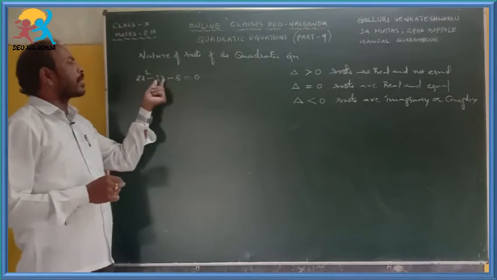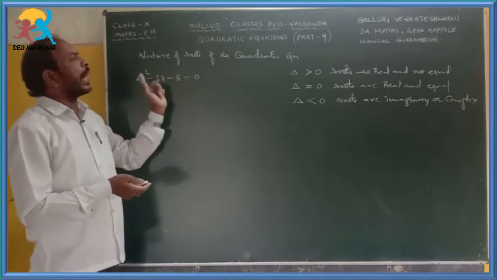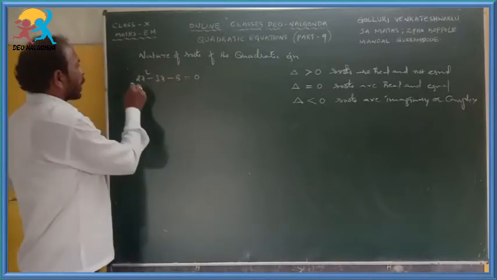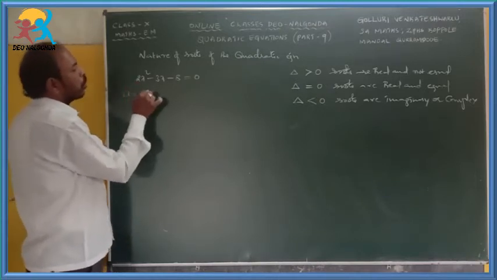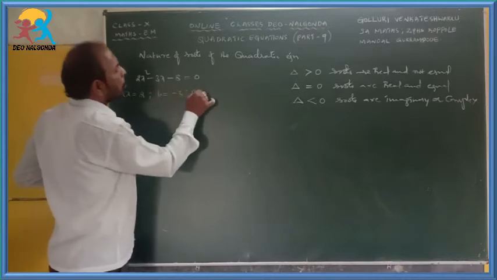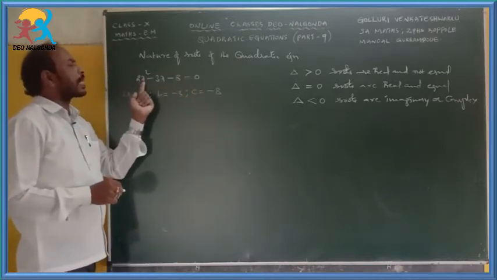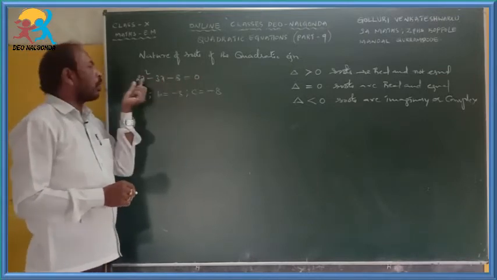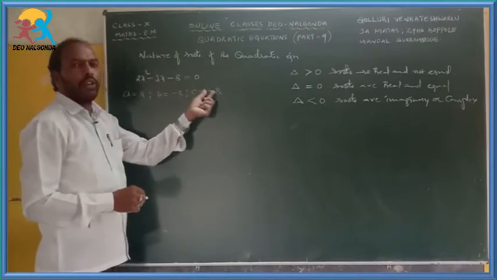Given the equation, we need to find the nature of its roots. Here a is equal to 2, b value is minus 3 and c value is minus 8, comparing with the standard form ax square plus bx plus c equal to 0.